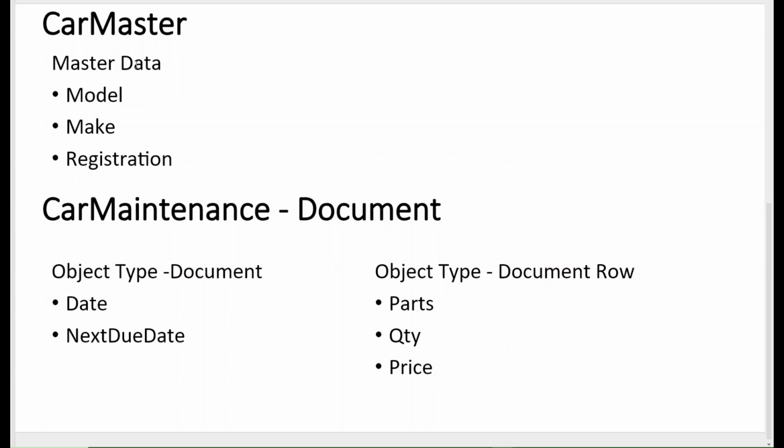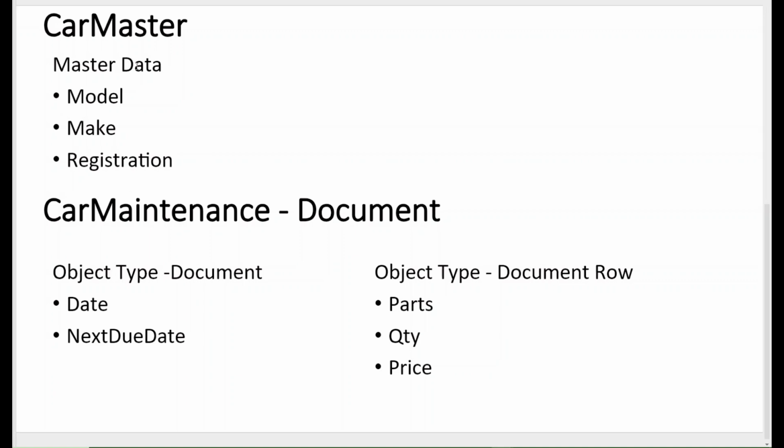The document will store the date and next due date, and the row will store the parts, quantity and the price. So let us log into Business One and see how we can create a user defined table, link it as a user defined object and utilize it in the customization process.